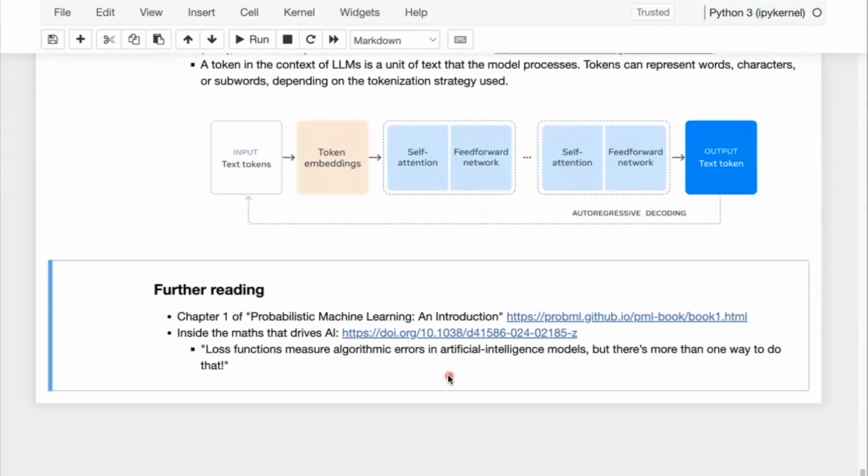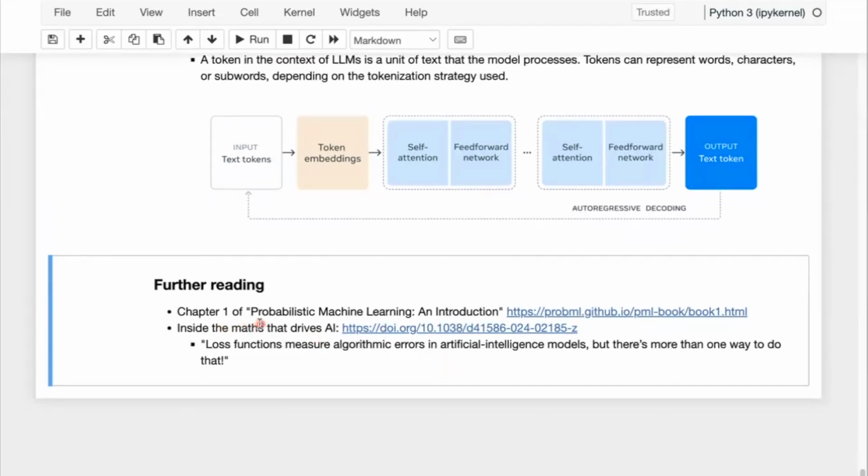And then for further reading, you can read the first chapter of Probabilistic Machine Learning: An Introduction. This is a textbook that is free to download as a PDF, so it's an open educational resource. It's going to be really interesting to read that chapter and get a little bit more formal introduction to machine learning.